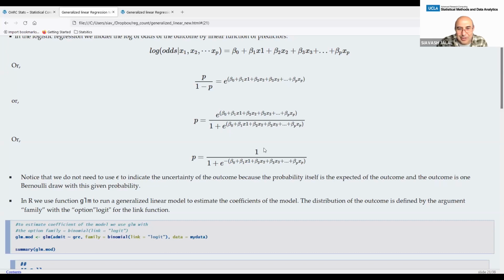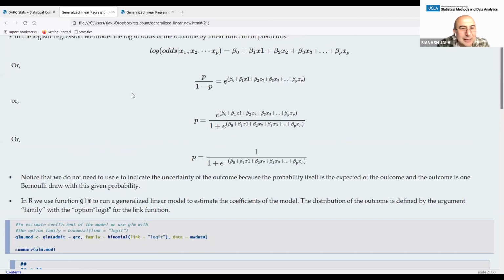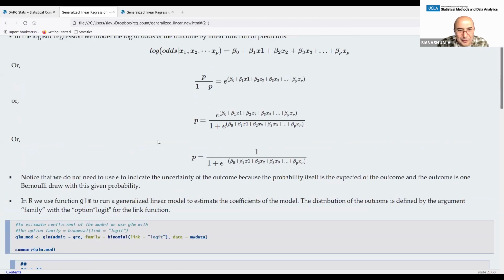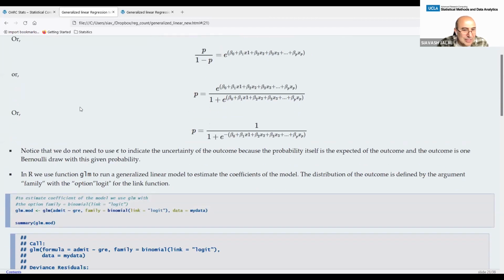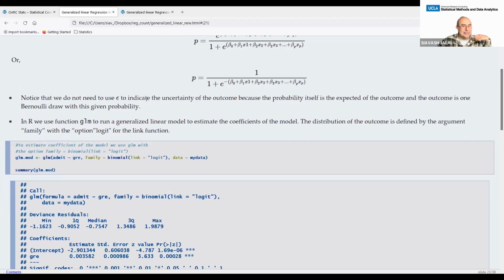So that part in the numerator is going to be 1, and the denominator is going to be 1 plus e to the minus, and you can exchange them, right? So these are two ways to write this formula. In any logistic regression book you open, you will see these formulas. That comes from the transformation back from odds to probability.